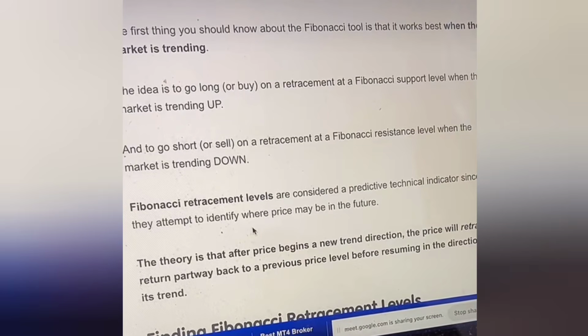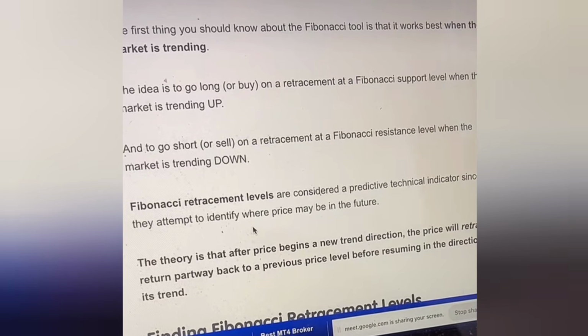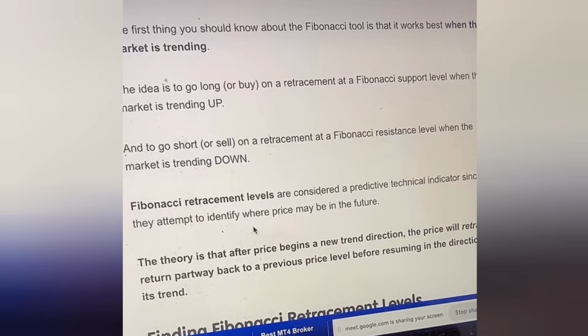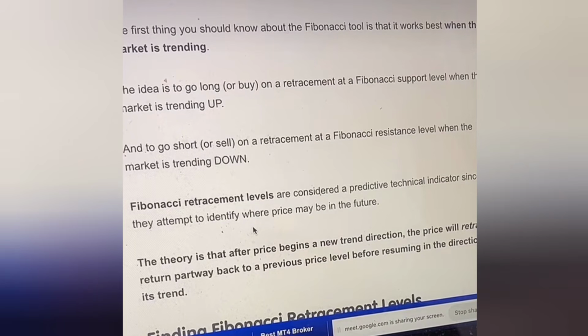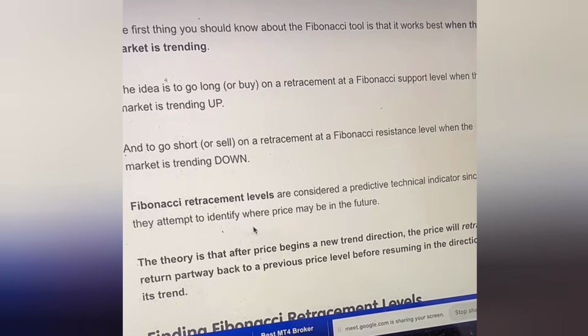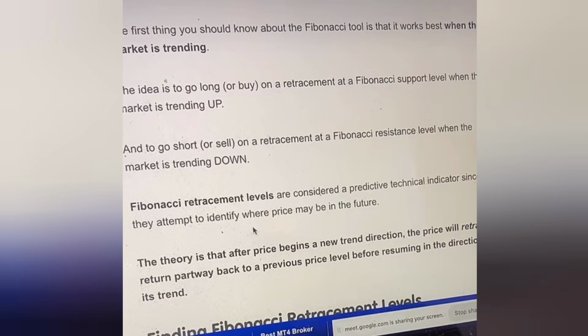The idea is to buy on a retracement at the Fibonacci support level when the market is trending up, and to go short or sell on a retracement at the Fibonacci resistance level when the market is trending down. Fibonacci retracement levels are considered a predictive technical indicator since they attempt to identify where price may be in the future.